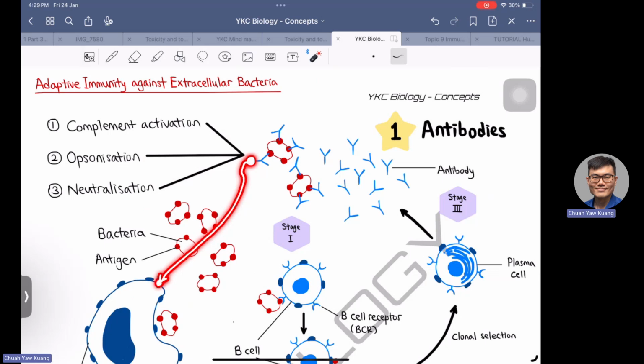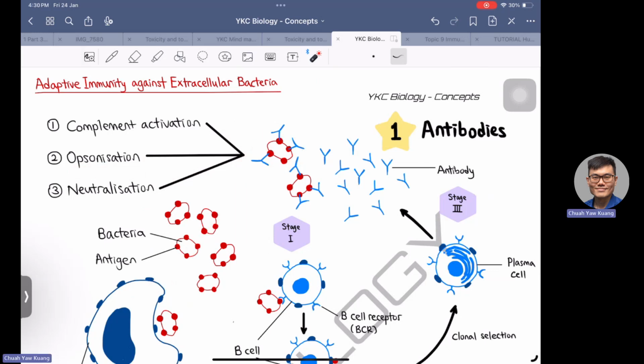So when the antibody binds to the receptor on the phagocyte, that means that this bacteria cannot run away. And this bacteria will be stuck at the membrane of this phagocyte and allow the phagocytosis to occur easily. And this is the so-called opsonization and enhanced phagocytosis.